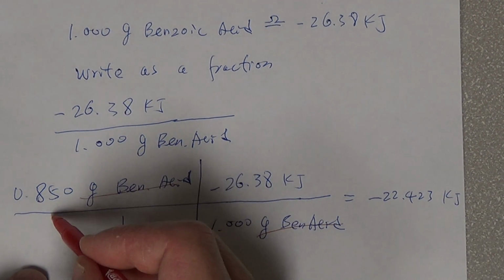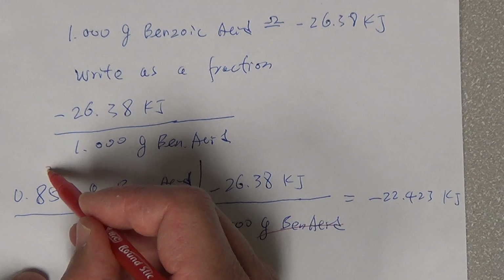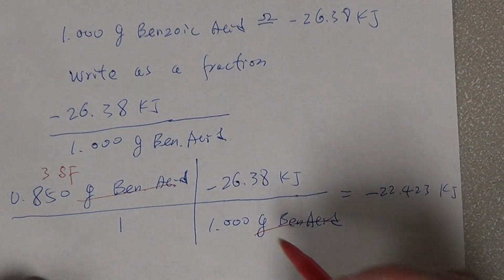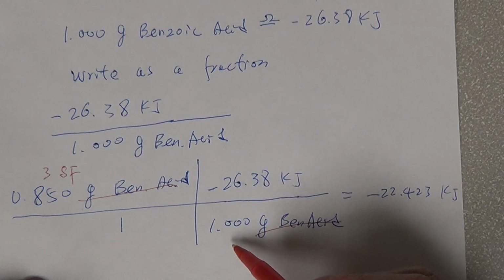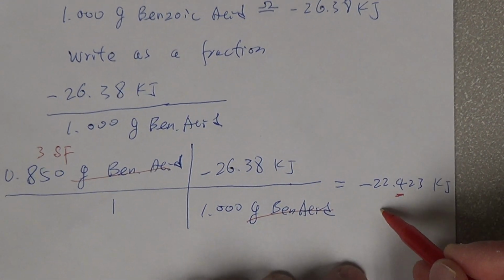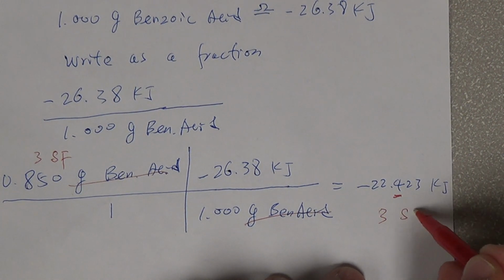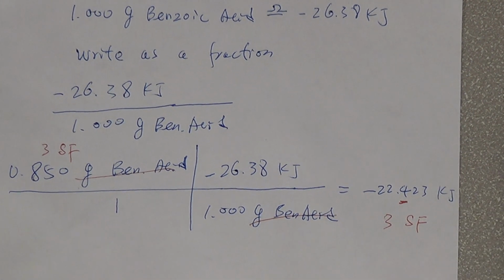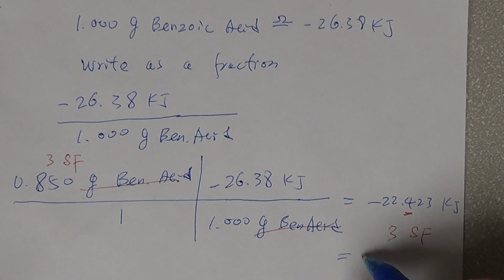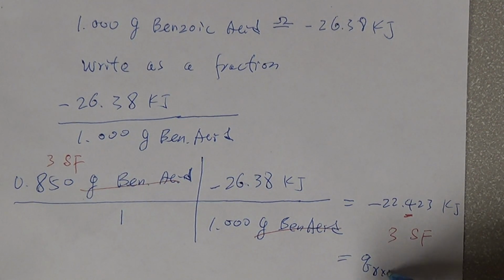Again, we want to keep tracking the sig figs. This one has 3 sig figs, because that's the least, as this has 4 and this has 4. So we mark this 4 here to show this has 3 sig figs. And this equals the Q Rxn.